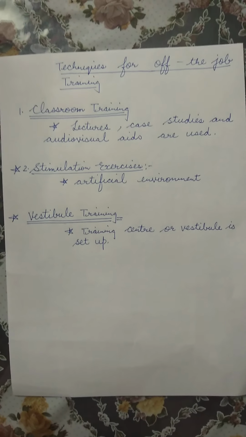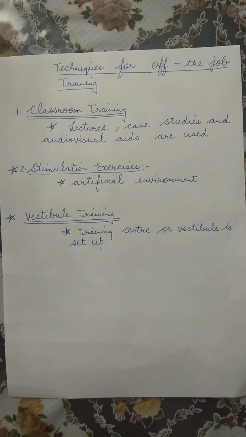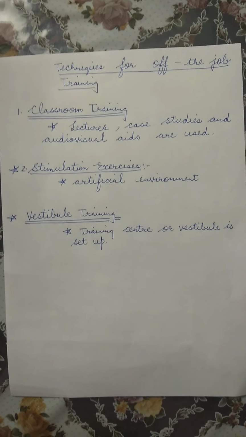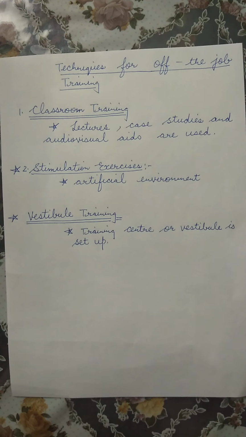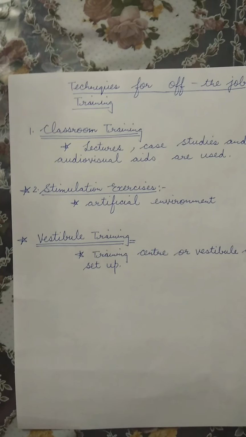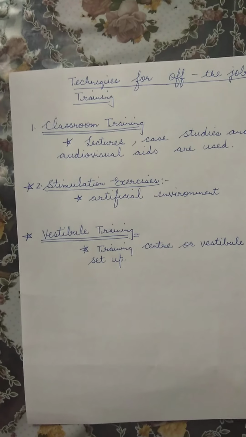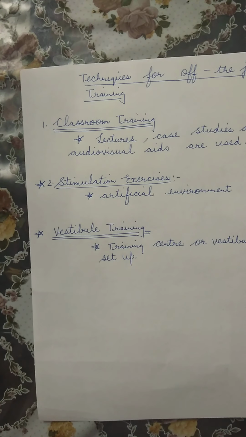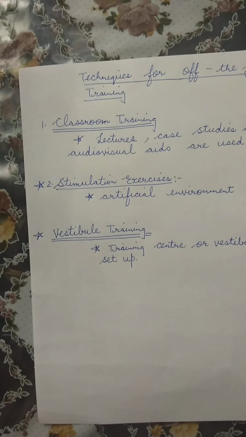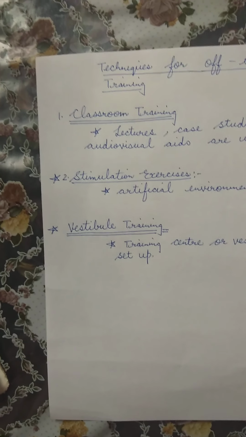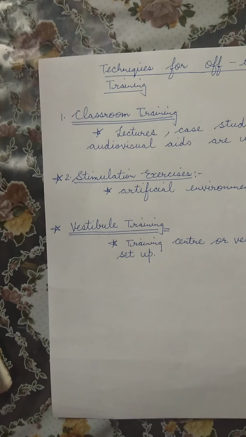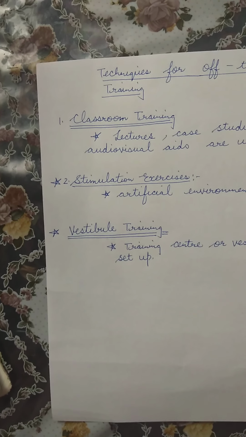For example, in case of providing training to train drivers, a vestibule is created. In this vestibule, where the drivers of the railways have to be trained, a small railway line is created, signals are created, and an engine may also be set up.